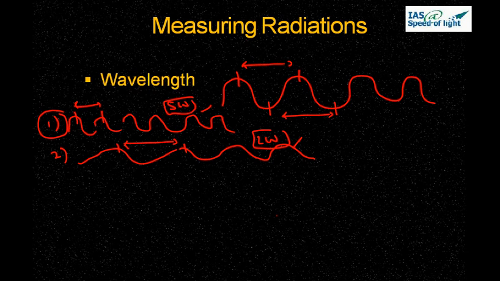So it is more powerful, it can bring with itself more energy because of more troughs and more crests. And long waves are going to be less powerful. So we understood the concept of short wave and long wave: short waves are powerful and long waves are less powerful.